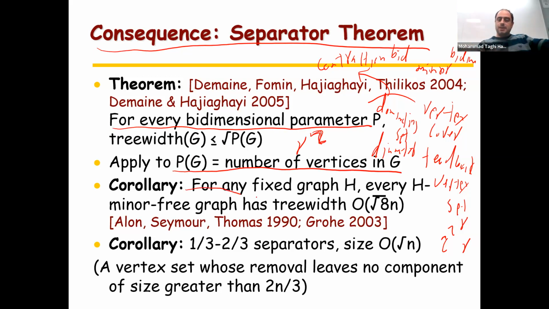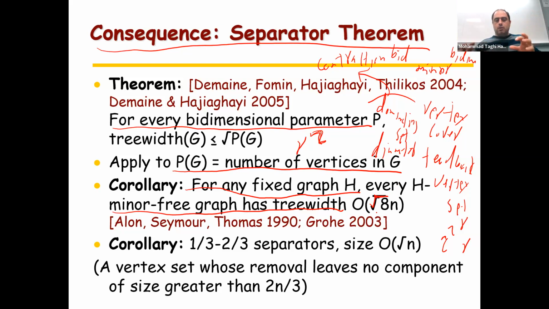Now we have this one. For any fixed graph H, every H minor free graph has Treewidth at most square root of 8 times n. So this is the important thing, and this is the one that we use to get a PTAS as well.